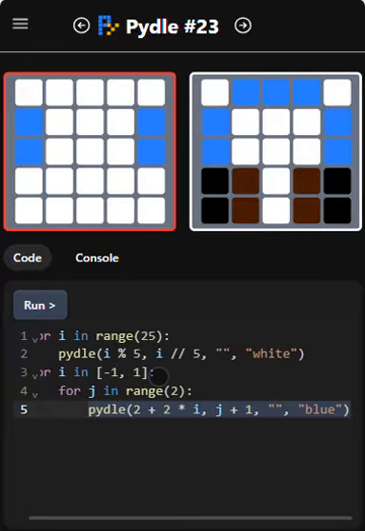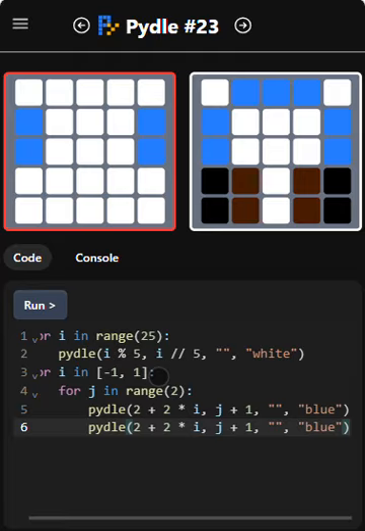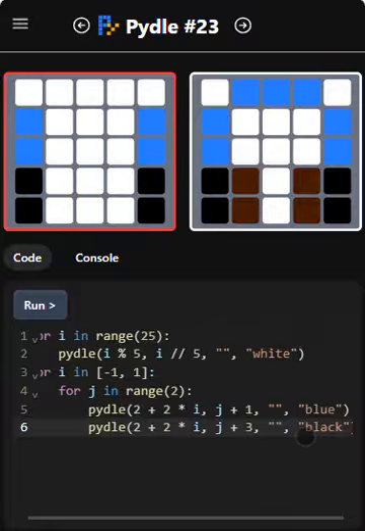For the black, we just need to offset that by 3, because it's starting at cell number 3 and 4. That's the black.